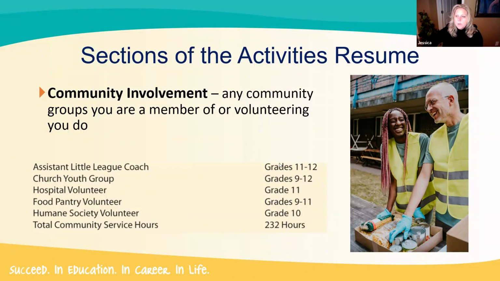Another thing I like that the student did is they put the total community service hours right here. If the reader is just glancing at this, at first glance they can see a cumulative total of how many community service hours you did. Maybe they're just looking for a number, and that's a really impressive number. So maybe put a cumulative total of service hours on the bottom.